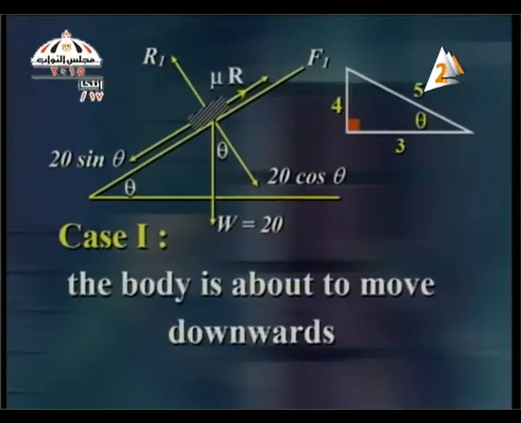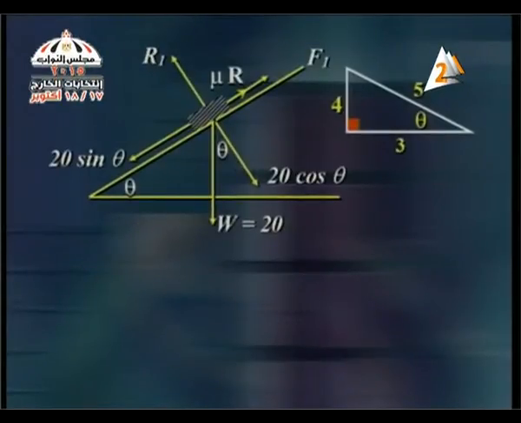Solution. As you see in the figure, we draw a body placed on an inclined plane. Its weight is downwards, equals 20, which is resolved into two perpendicular components, 20 cosine theta and 20 sine theta.